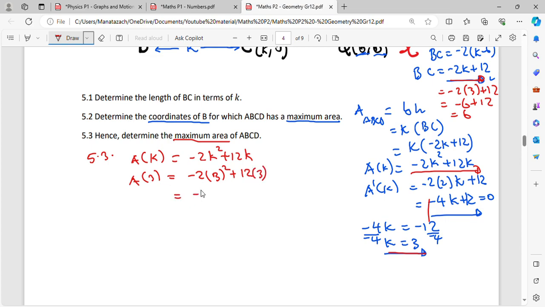Then we get minus 2 times 9 plus 36, minus 18 plus 36, which will be equal to 18. Since we've not been given the units, we can say 18 square units.